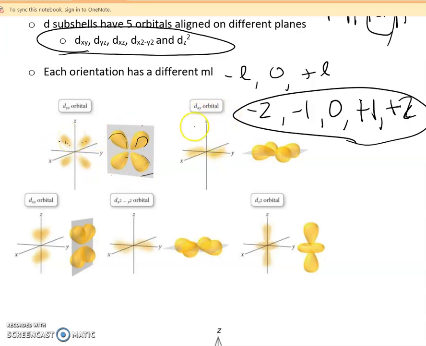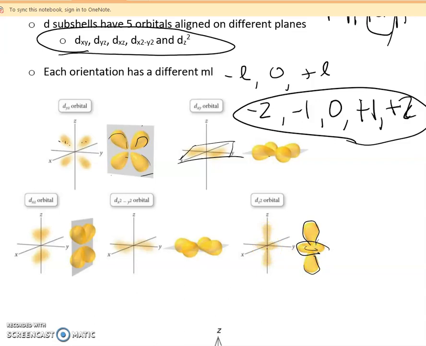The dxy orbital, they have it here on this plane, so they're trying to draw it like that. So this is the dxy, and then the dxz, same idea. Then you have the dx squared minus y squared. And then over here is the dz squared orbital. Notice it kind of looks like a pacifier in a way, and it has a little ring in the middle. And again, the dot plot there.